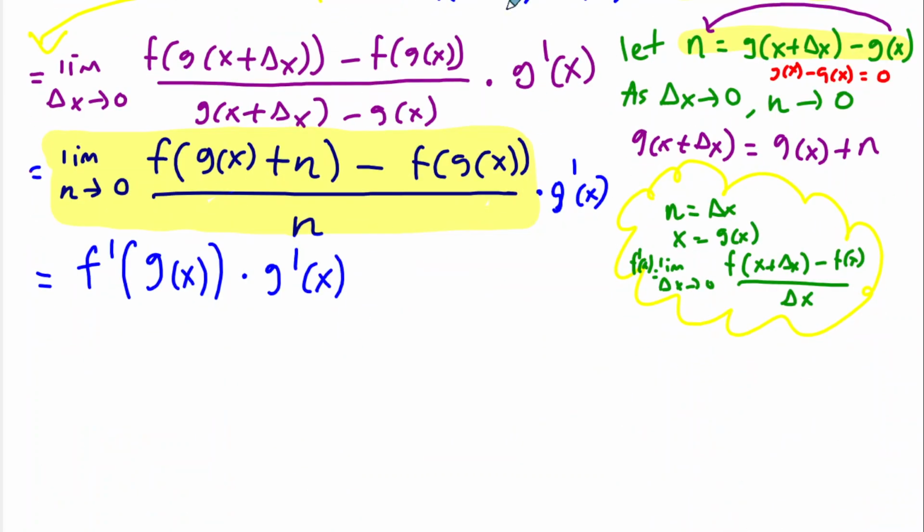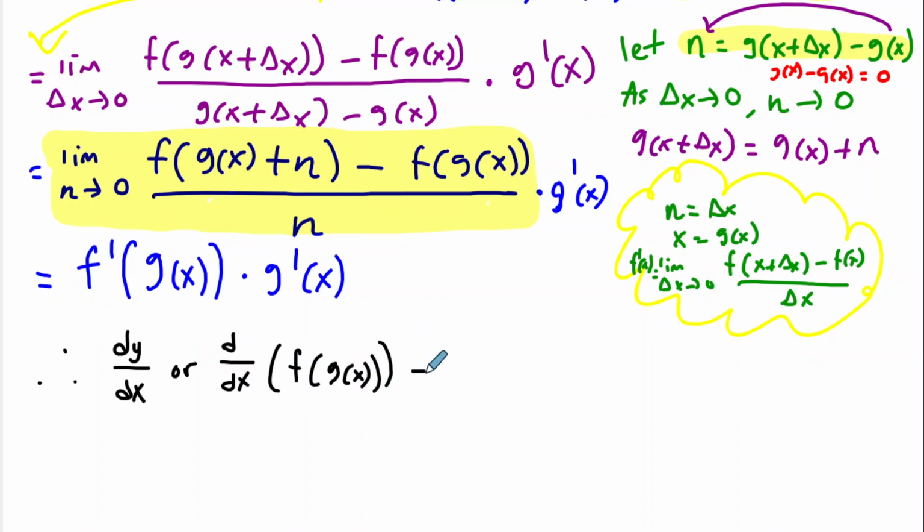So we can say therefore, again, this is a very fancy symbol in math for therefore, dy dx, or we can just say d dx of f of g of x, the derivative of f of g of x is f prime of g of x times g prime of x.